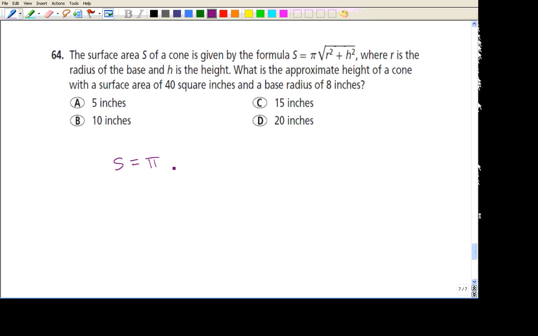S equals pi times the square root of r squared plus h squared. S, the surface area, is 40, equals pi times the square root of r squared. So we'll have the radius squared is 64, 8 squared, plus h squared, and we're solving for h.